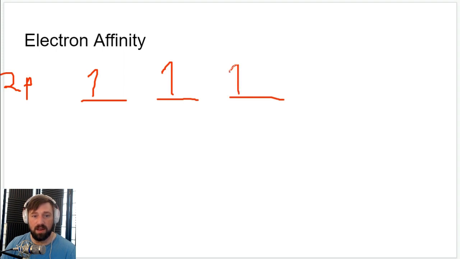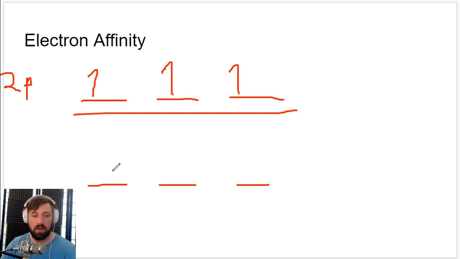If I added another electron, now I have some stability. So this leads to a little bit more stability than a situation where it's not half full. The most stable situation is where the 2p orbitals are completely full. That's going to lead to the most stability.